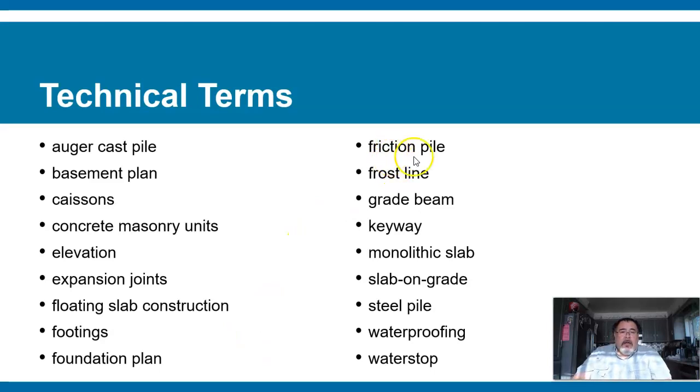Friction pile. I'm not sure what a friction pile is. We'll find out about that. Frost line. A frost line could be the frost line in the ground, in the dirt. Sometimes the ground gets frozen, and there's a certain line that once you dig so deep, the ground stays frozen even in the summertime.